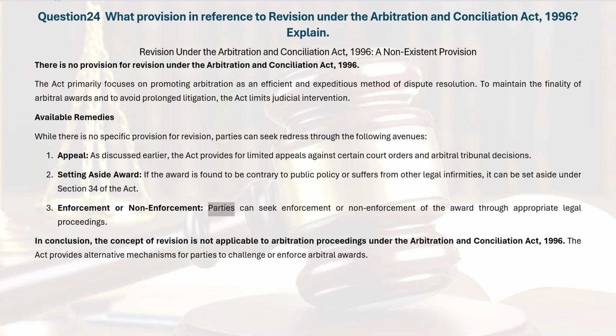Enforcement or non-enforcement. Parties can seek enforcement or non-enforcement of the award through appropriate legal proceedings. In conclusion, the concept of revision is not applicable to arbitration proceedings under the Arbitration and Conciliation Act, 1996. The Act provides alternative mechanisms for parties to challenge or enforce arbitral awards.